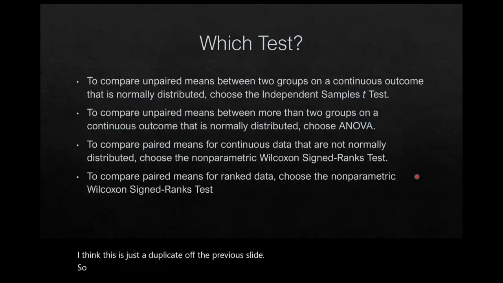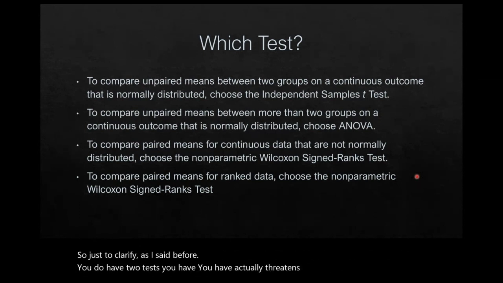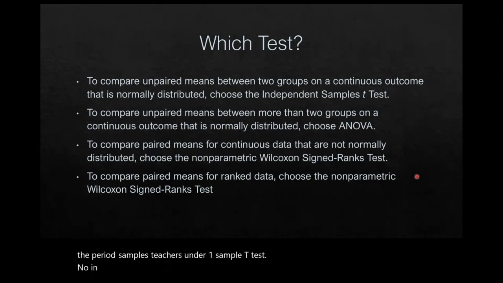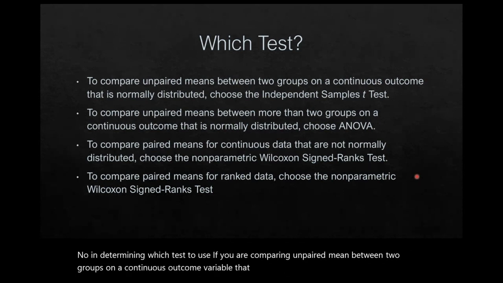So just to clarify, as I said before, you actually have three tests: the independent samples t-test, the paired samples t-test, and the one sample t-test. Now, in determining which test to use, if you are comparing unpaired means between two groups on a continuous outcome variable that is normally distributed, then you choose an independent samples t-test.